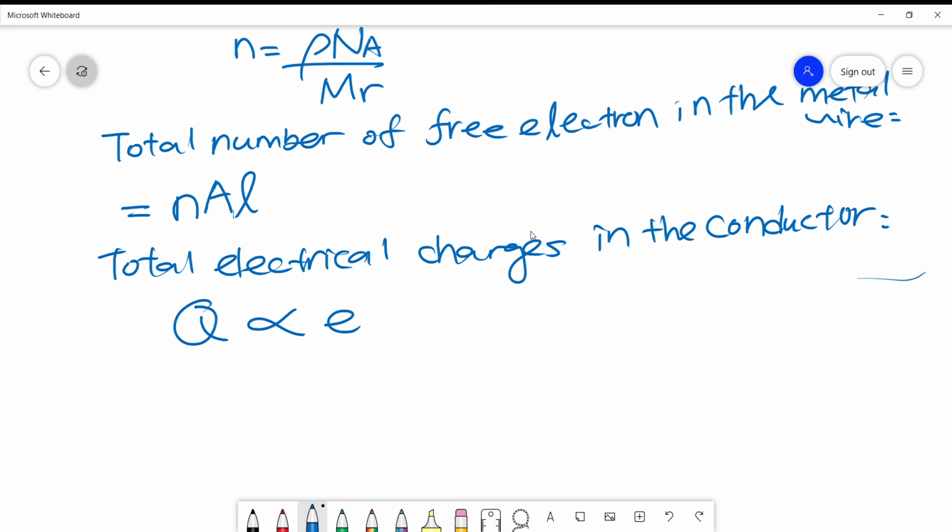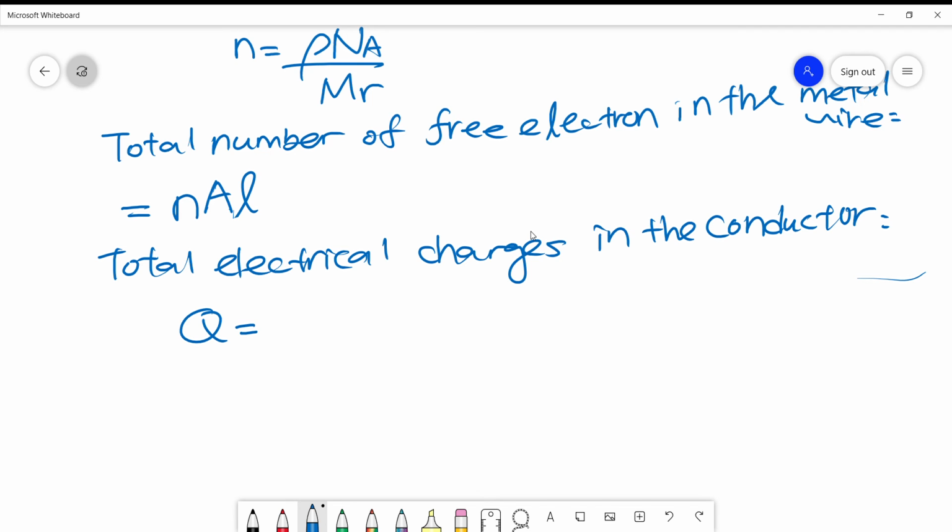The higher the number of free electrons, the higher the quantity of electrical charges, because the electron is the one that carries electrical charges.